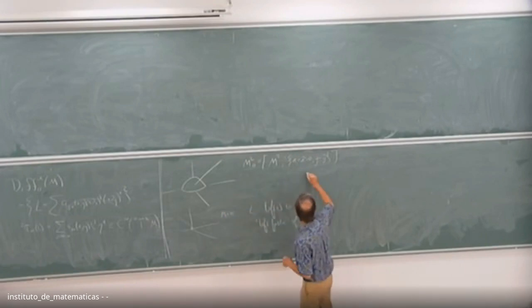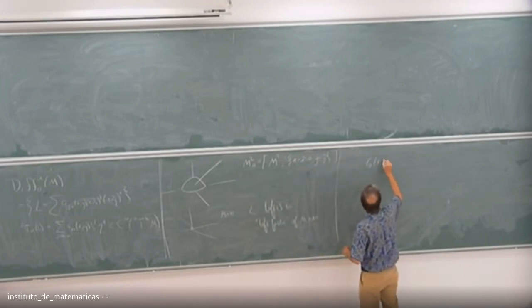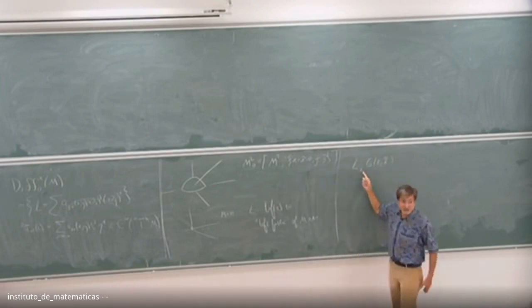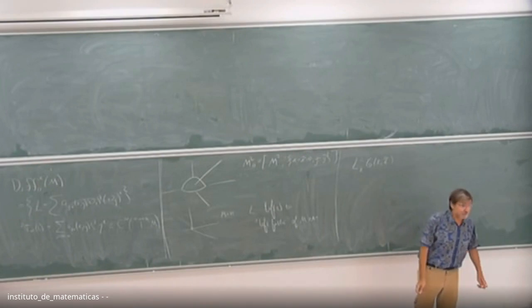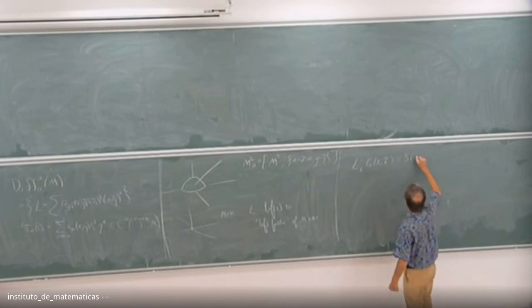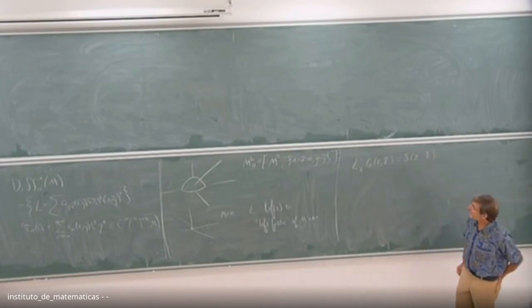If I'm constructing the parametrix, I'm looking for some operator, and I'm letting L act here, thinking of L acting in the z variable. That's all I mean by lifted to the left factor. And this is supposed to be the delta function of z minus z tilde. This is the type of operator I'm looking for.